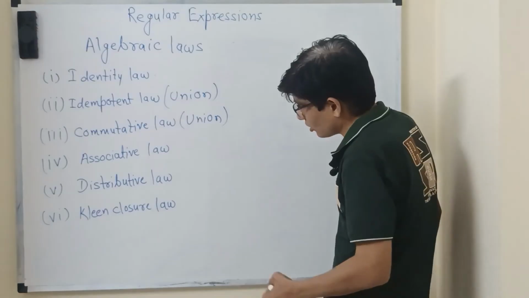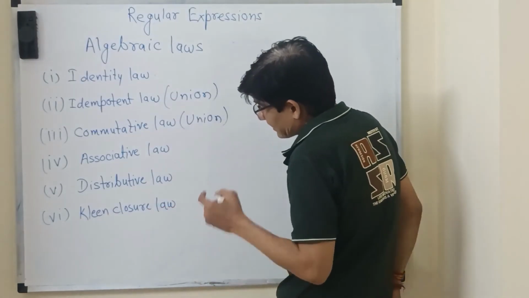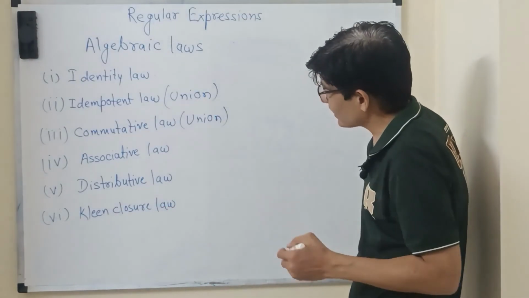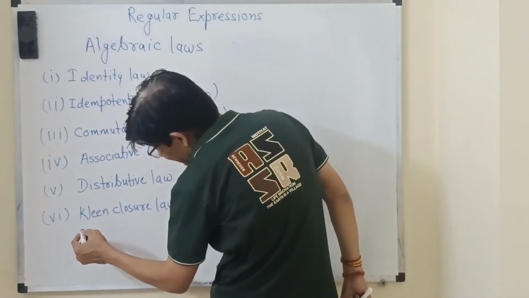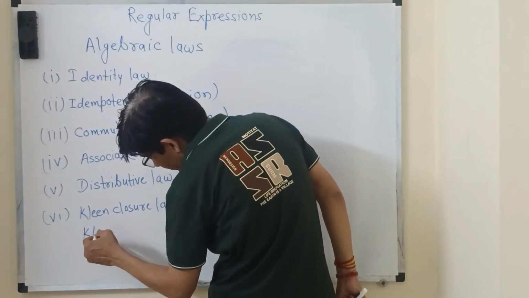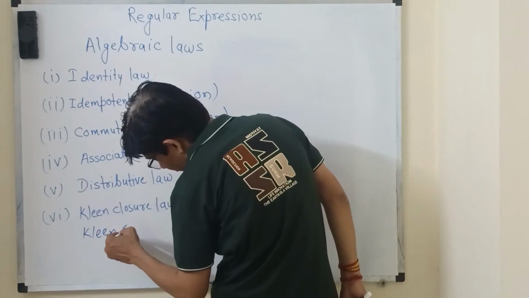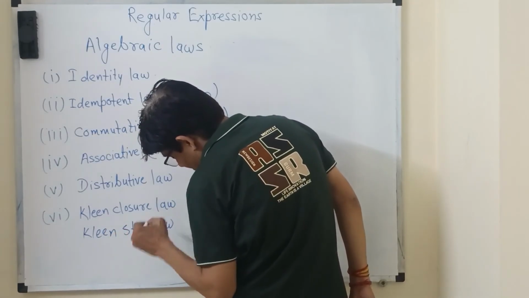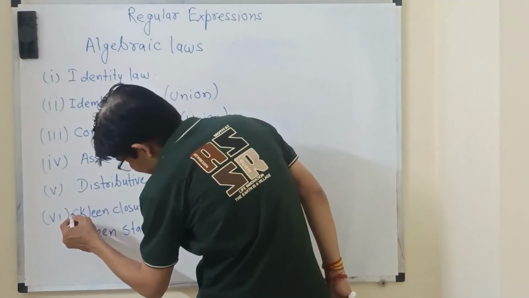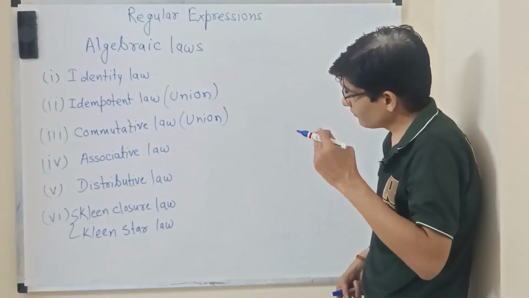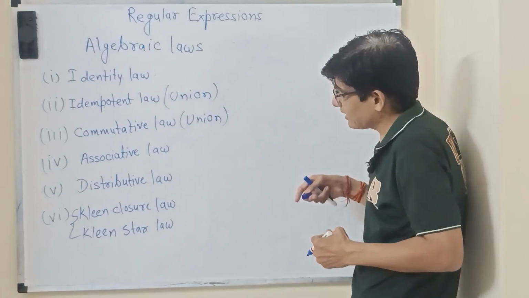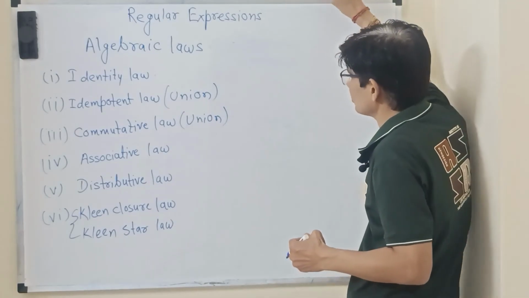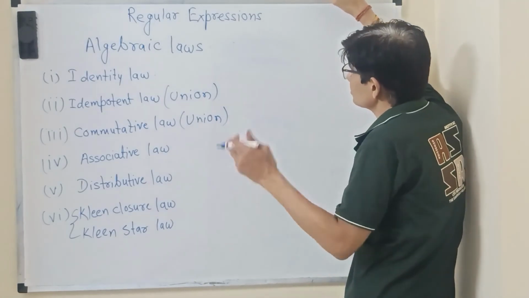Now the last law is the Kleene closure law, which you can also call the Kleene star law. Both are the same. Now we will see how the Kleene star law applies to regular expressions.